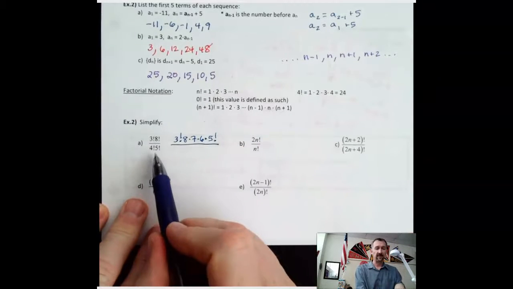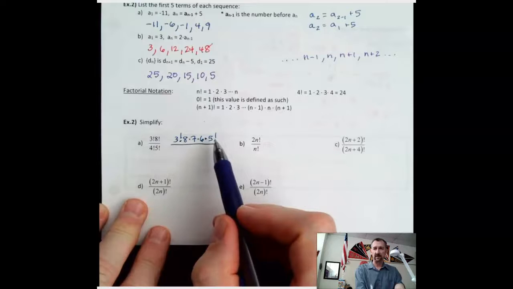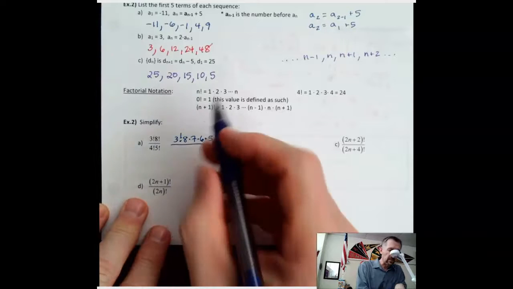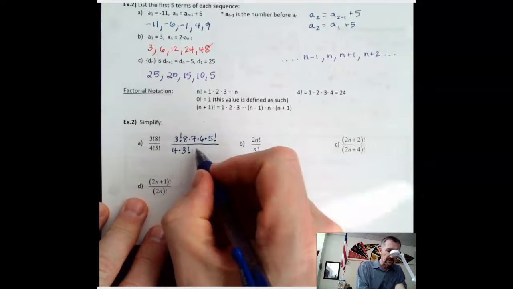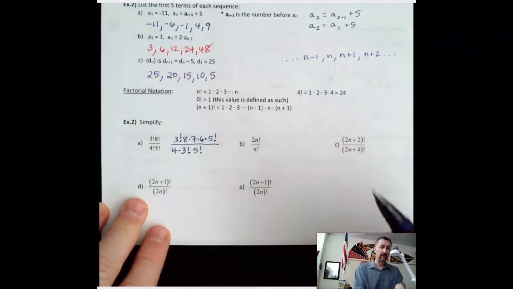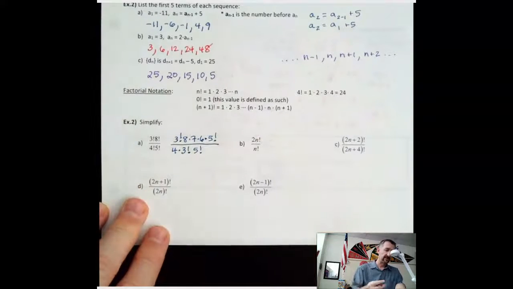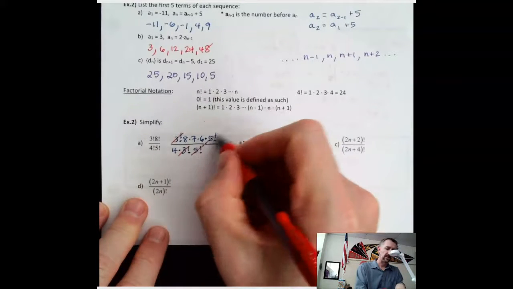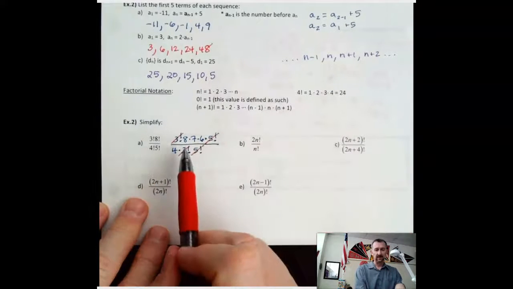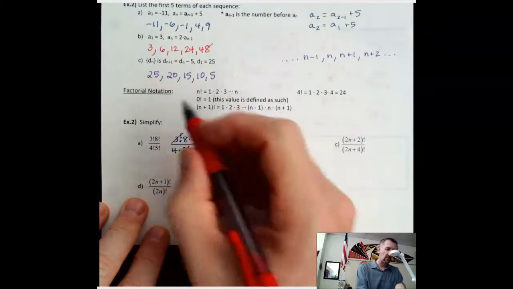Okay, I see a 5 factorial down there, so that's going to cancel out that 5 factorial. 4 factorial is going to be 4 times 3 factorial, and then 5 factorial. So the 3 factorials are going to cancel, and the 5 factorials are going to cancel. That leaves us with 8 times 7 times 6 over 4.